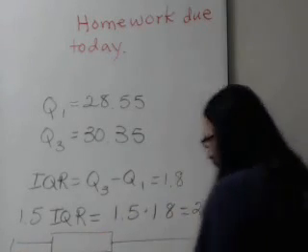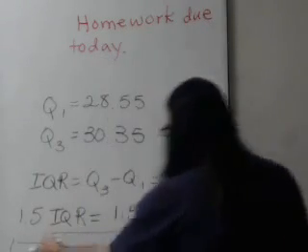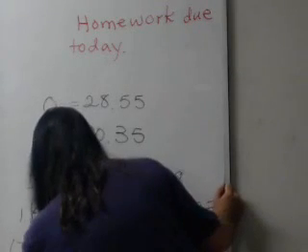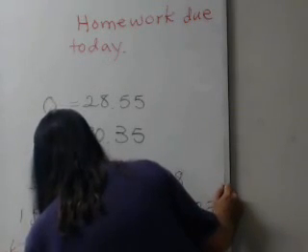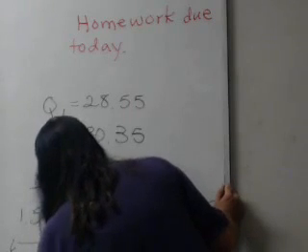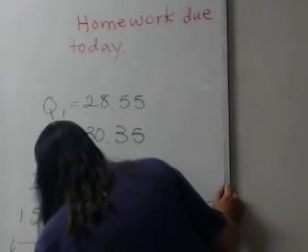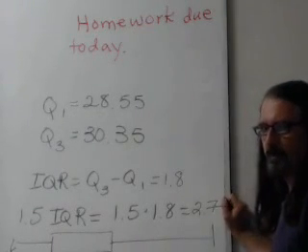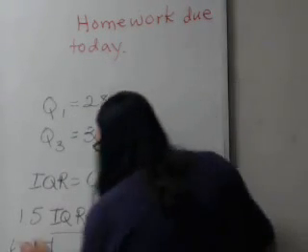And then we're saying, okay, if we go 2.7 units away from Q1, go to the left. 28.55 minus 2.7, looks like that's going to be 25.85. Is that right? Okay.